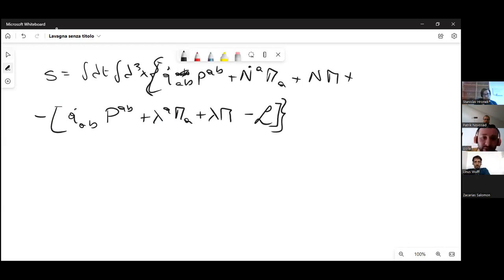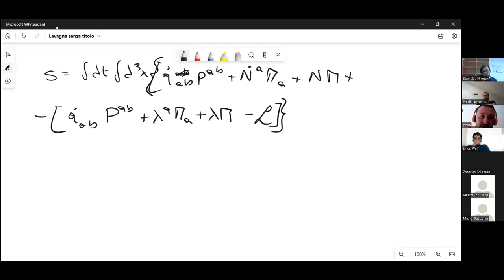Of course, this is not clear from here, but what will happen is that this lambda A will be equal to N prime A, and the lambda will be equal to N, so that in total all these terms cancel out.